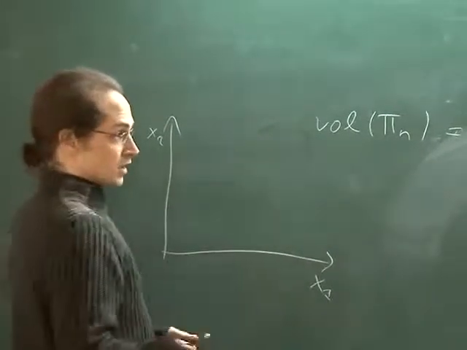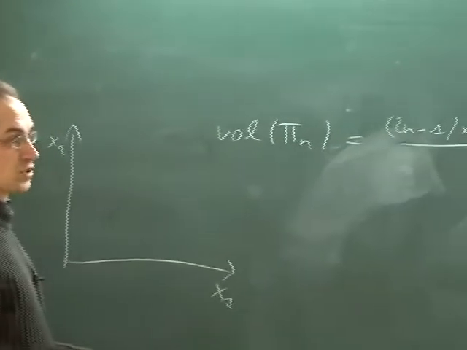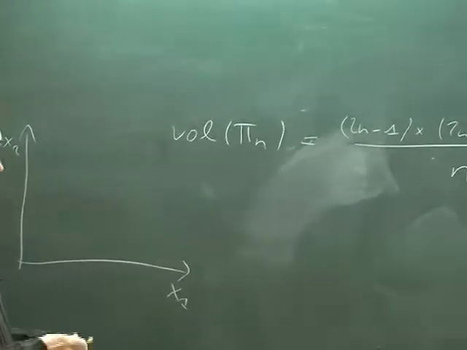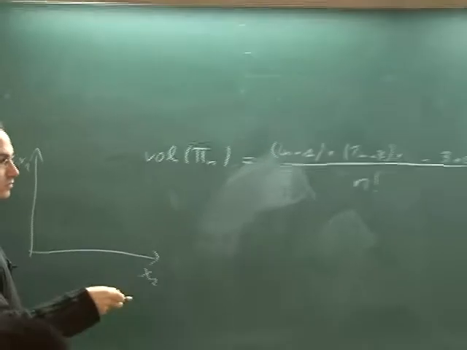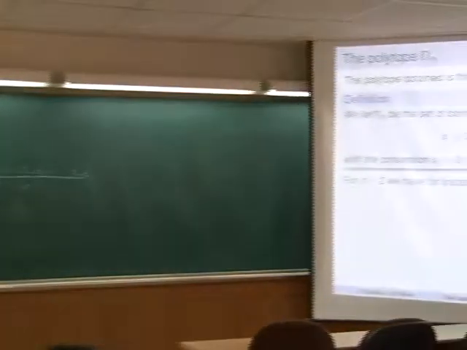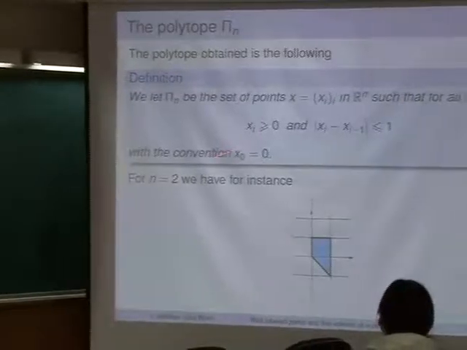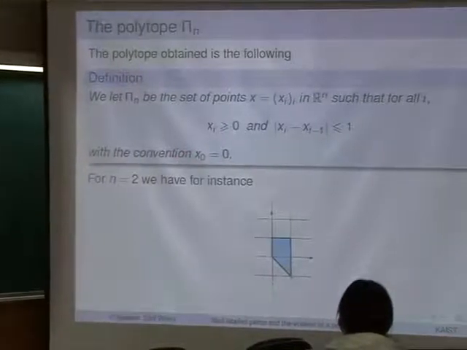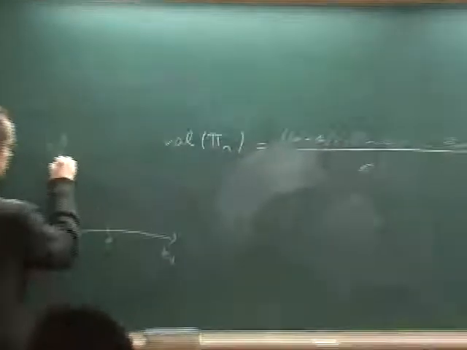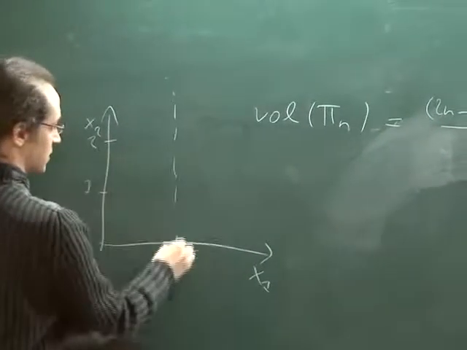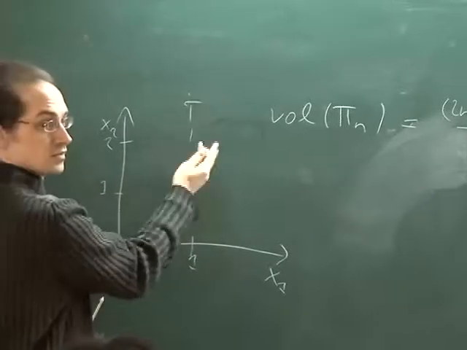Then x1 minus x0 has to be smaller than 1. x0 is 0, so x1 is smaller than 1, which means, if this is 1, I have a line here, and it will be on this side of the line.